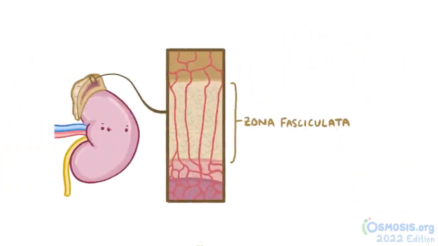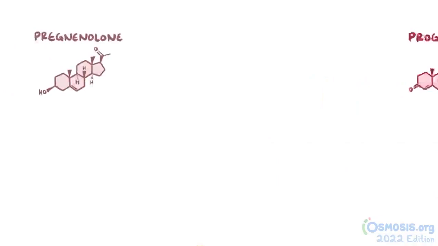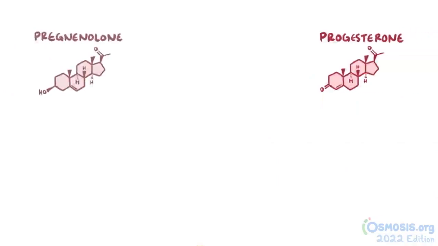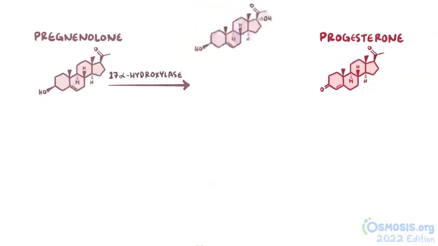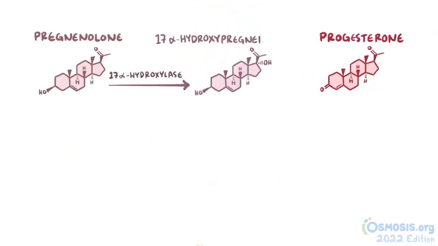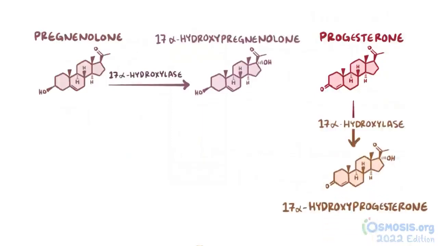The middle layer of the adrenal cortex is the zona fasciculata, and the cells there make the hormone cortisol. This process starts when pregnenolone and progesterone move into the zona fasciculata. There, the enzyme 17-alpha-hydroxylase turns pregnenolone into 17-hydroxypregnenolone, and turns progesterone into 17-hydroxyprogesterone. 17-hydroxypregnenolone is then turned into 17-hydroxyprogesterone by the enzyme 3-beta-hydroxysteroid dehydrogenase.